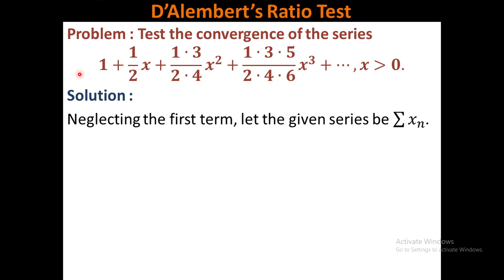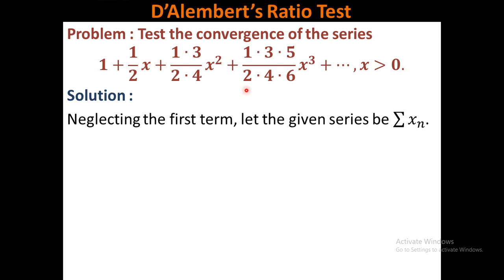the resulting series has a first term, second term, third term, and so on, with x, x square, x cube in each term. So if the first term contains x, the second term contains x square, the third term contains x cube, then the fourth term must contain x to the 4, and the nth term must contain x to the power n. Okay. And next, the numerator starts from 1 and is a product of odd integers.